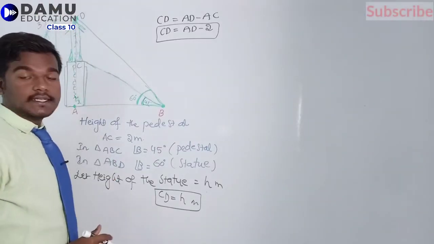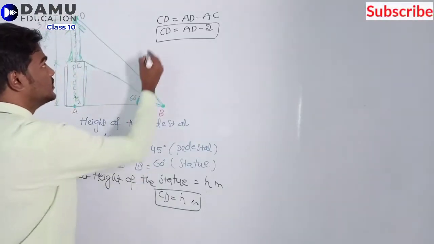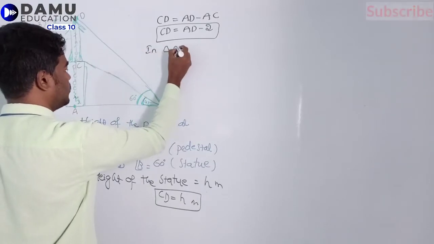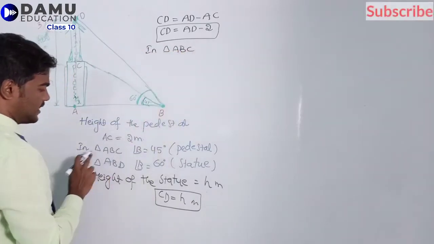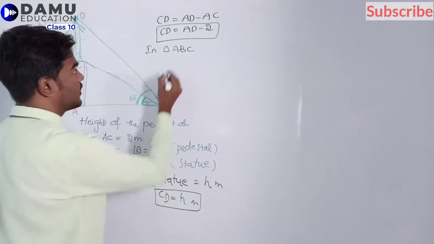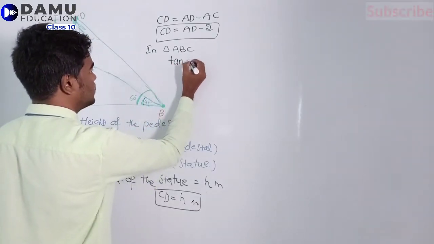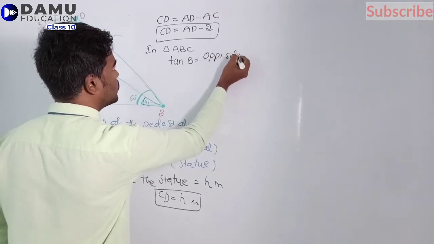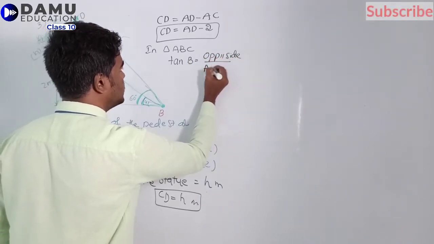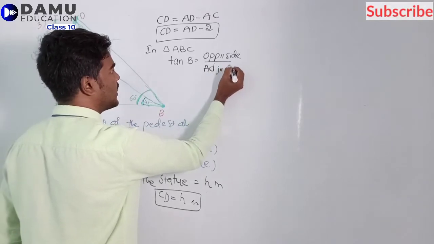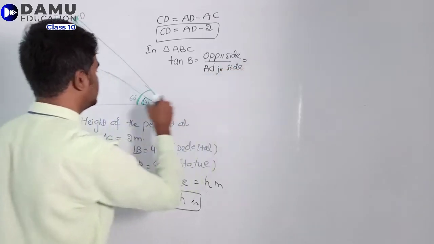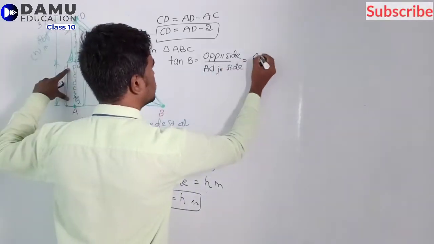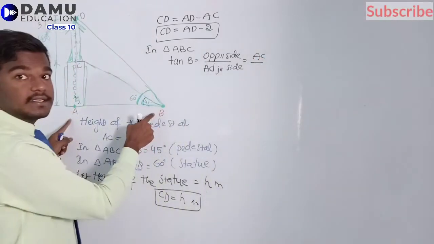So let's consider the trigonometric ratios in the triangles. In triangle ABC, as I told, angle B is equal to 45 degrees. Tan B is equal to opposite side by adjacent side. The opposite side is AC, and the adjacent side is AB.